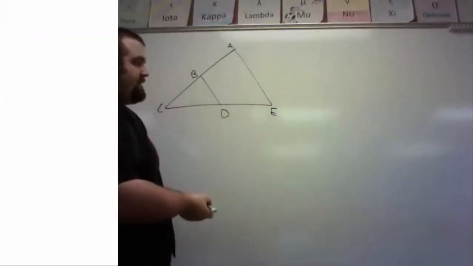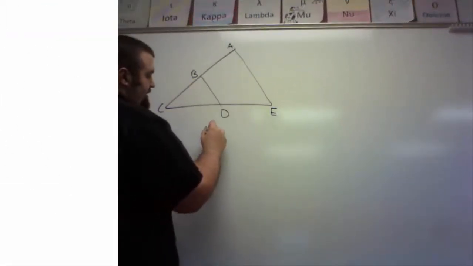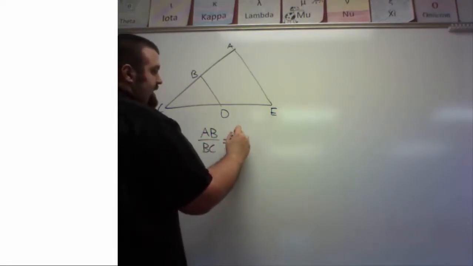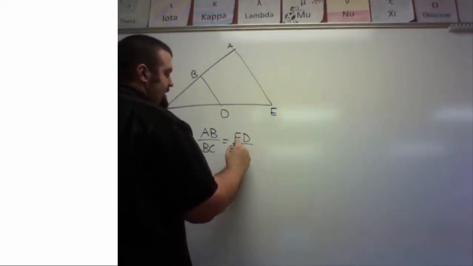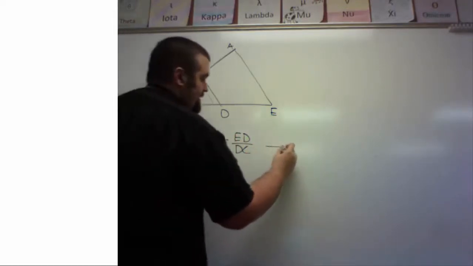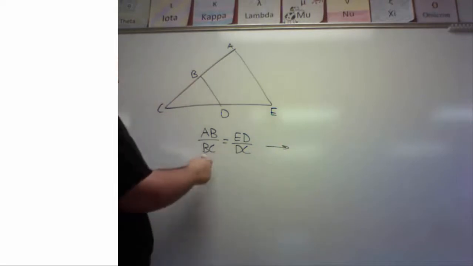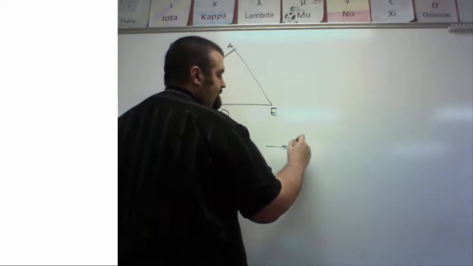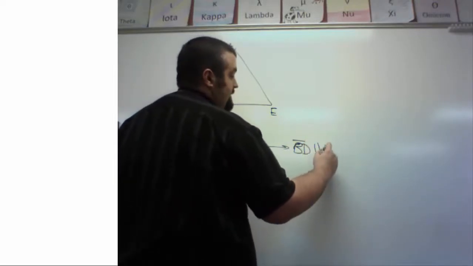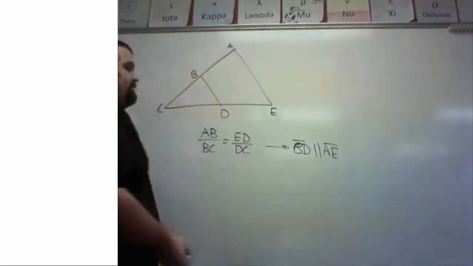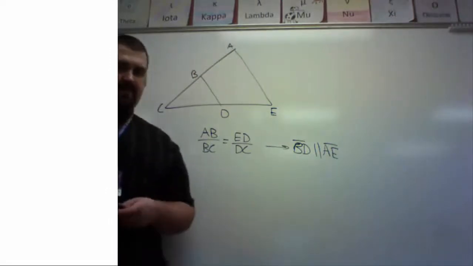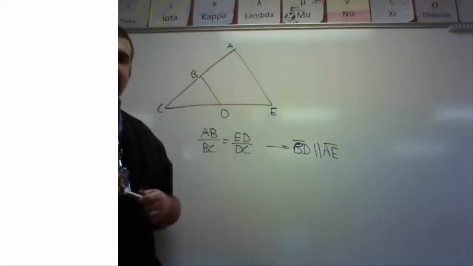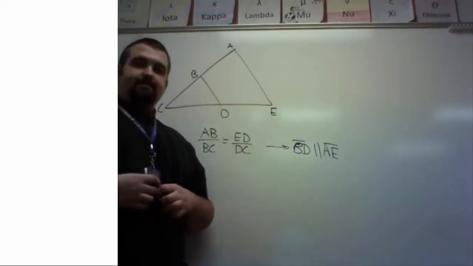So, what this theorem says is if I know this to be true, length of segment AB to length of segment BC equals length of segment ED to length of segment DC, then so if this is true, then I know without a shadow of a doubt that segment BD is parallel to segment AE. So, if the sides are divided proportionally, then the two parts have to be parallel. The line and the third side.